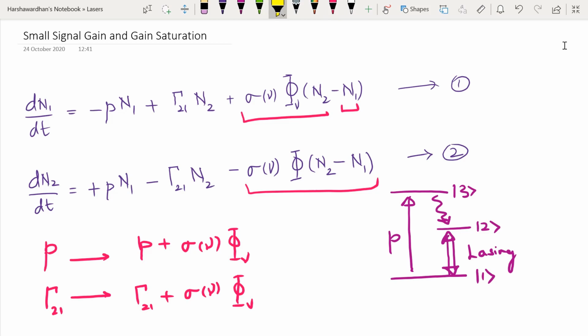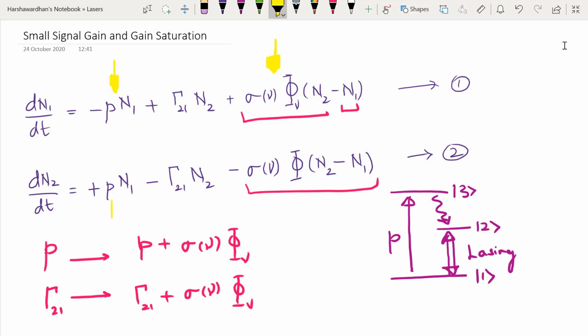Remember, it's minus P times N1. Similarly, there is a minus sigma phi times N1, right? So these go together. Similarly, gamma 21 times N2 goes with sigma times phi times N2. Exactly a similar thing happens in the second equation.